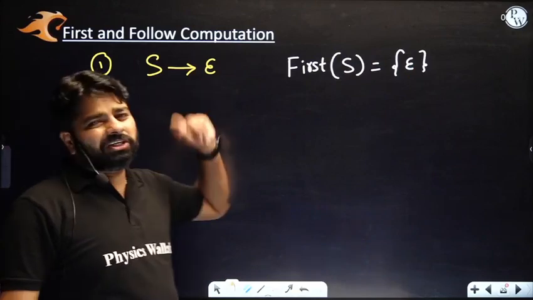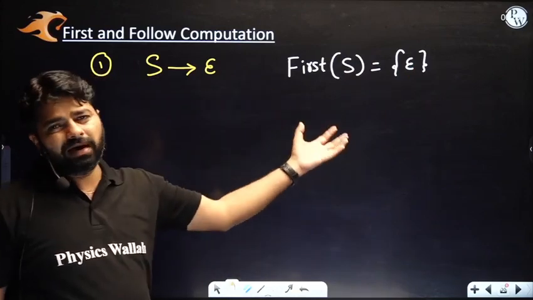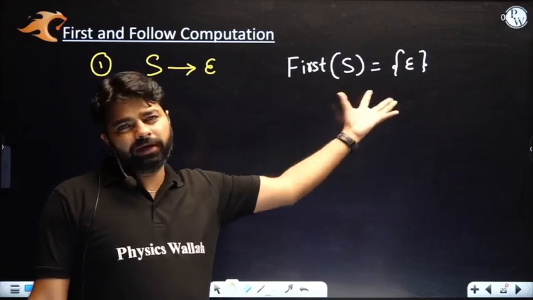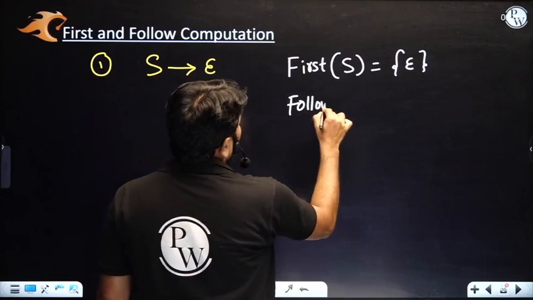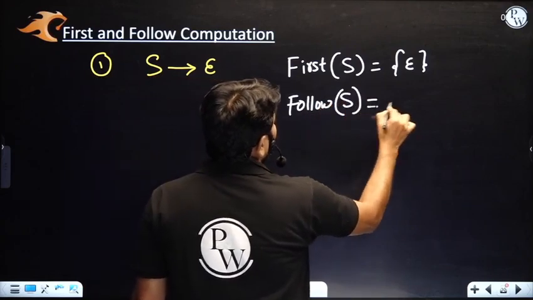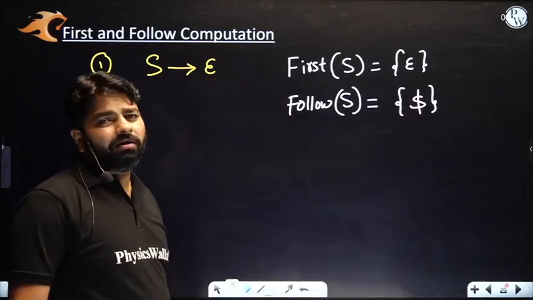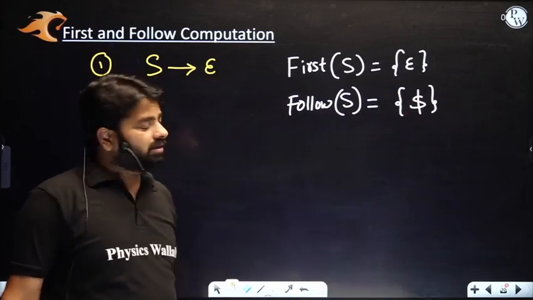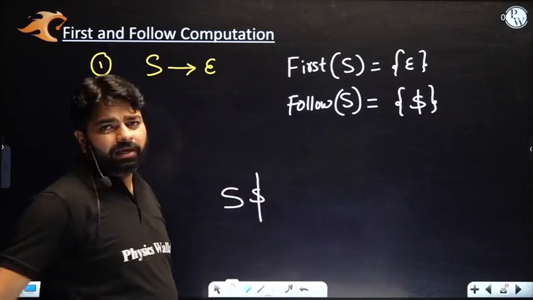This is a special terminal for us, a special string, we do not have any terminal to derive, so we keep epsilon. What is the follow of S? S is not there on the RHS side, but S is the start symbol, so we keep dollar as the special terminal which always follows S. So S dollar is always there, right.